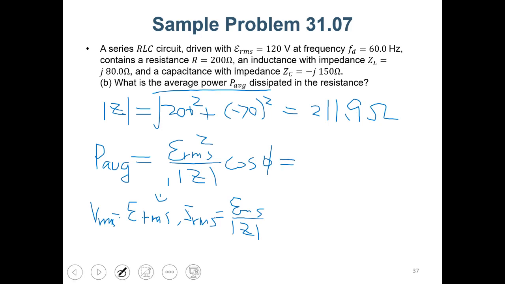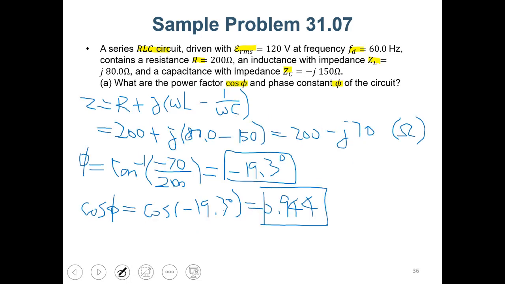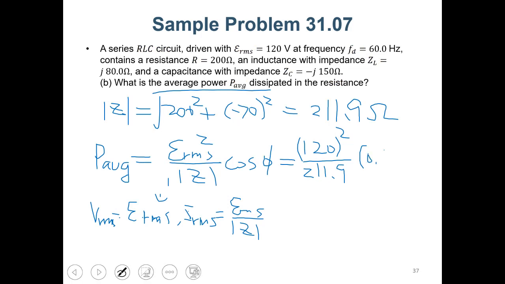So E RMS is 120 squared over 211.9, and cosine phi is 0.944. So P average will be 64.1 watts.